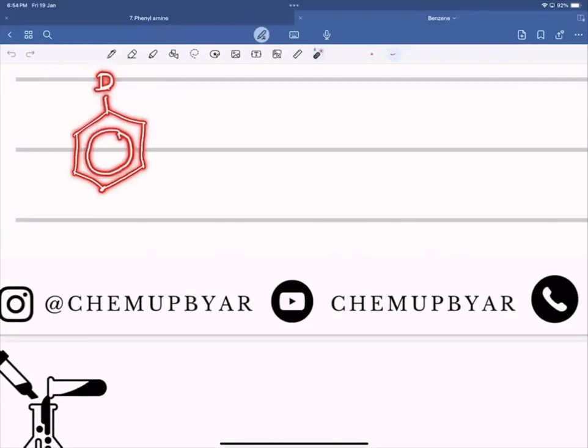Basically, this information is not part of the syllabus, so it's for your understanding of why we say that electrophilic substitution occurs at 2, 4, and 6. If it donates the electrons, it will try to make another bond over here with the carbon. And this carbon has all four bonds.